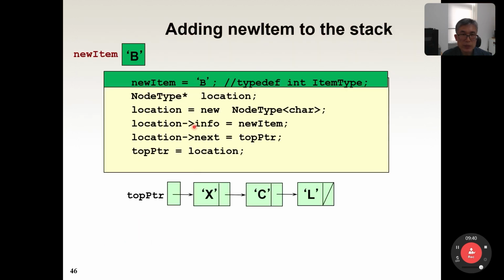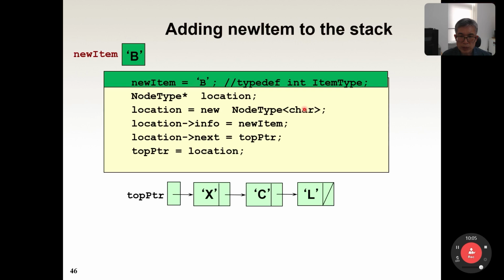So adding a new item, right? Remember the new item, we defined in item type dot h, this is the integer. So this item type is typedef as integer. So new item B, integer case, and the character case we can take as well, and then we create a node.